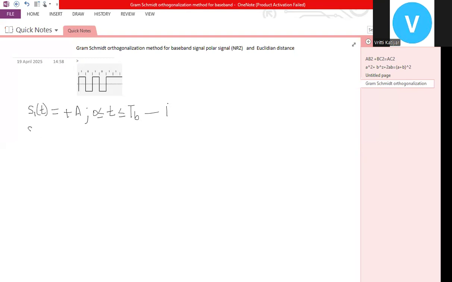And the signal S2(t) is represented as minus A, again in the interval of 0 to TB. It is the representation of bit 0.